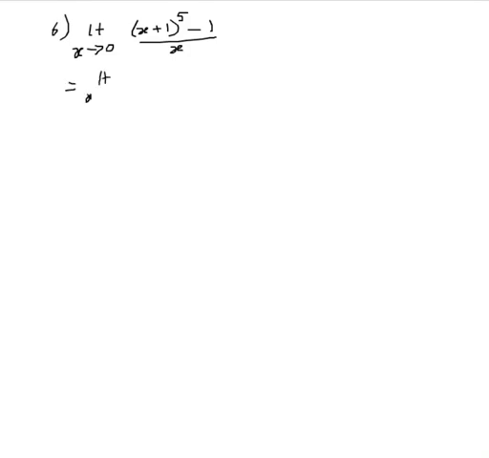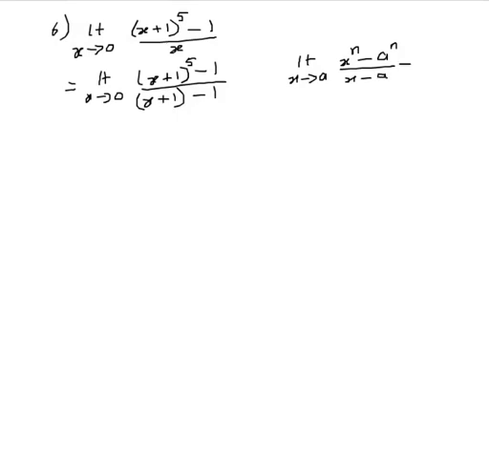Let us write this function as x plus 1 whole raised to 5 minus 1, divided by, the denominator can be written as x plus 1 minus 1. 1 and 1 will get cancelled. The denominator becomes x. Now this is of the form limit x tending to a of x power n minus a power n divided by x minus a, which is equal to n into a power n minus 1.